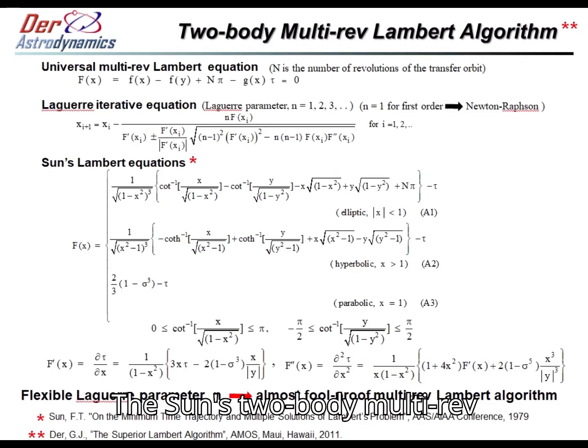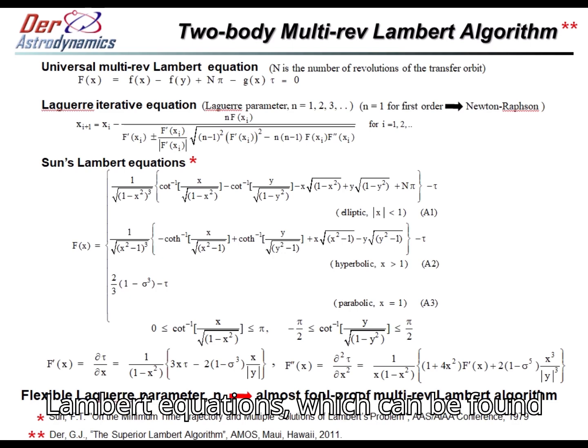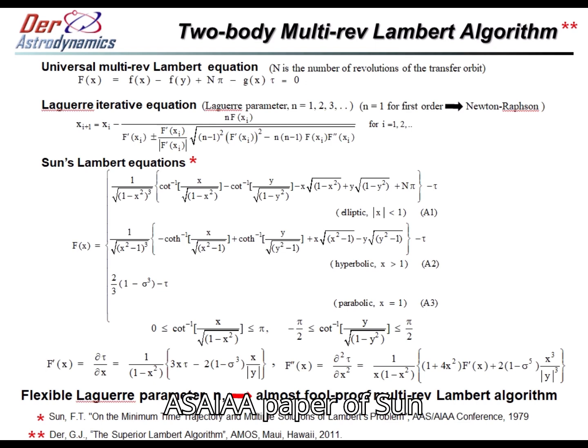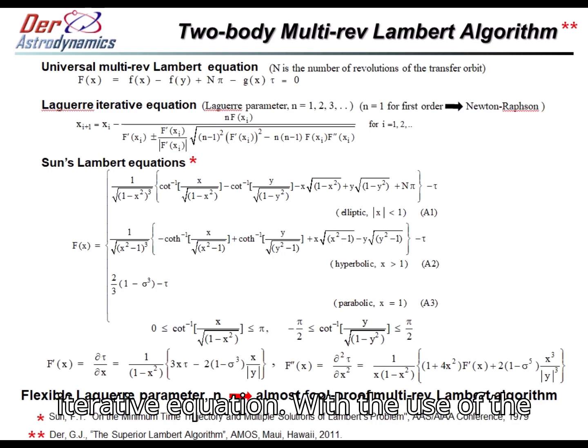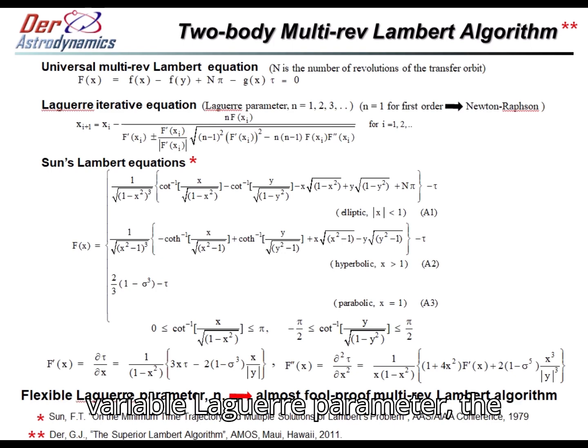The Sun's two-body multi-rev Lambert equation, which can be found in the 1979 AAS AIAA paper of Sun and the 2011 AMOS paper of Durr, is solved by the Laguerre iterative equation with the use of the variable Laguerre parameter, the lowercase n.